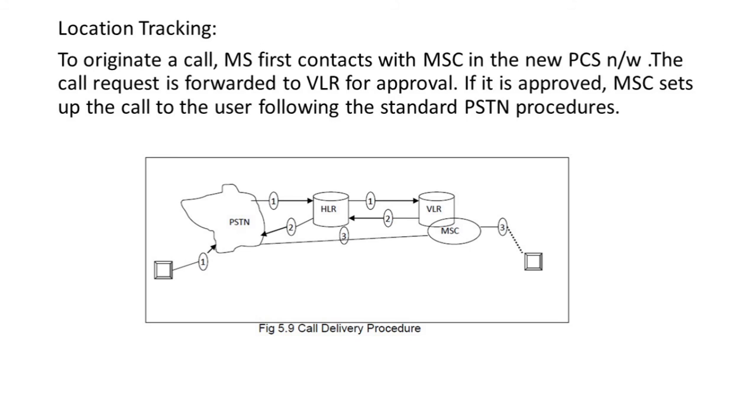So the HLR will query the VLR: where is this mobile station currently? That would be the query result to the HLR, and it will be originating from the PSTN, because the whole BS are being governed by the PSTN. These are the switching telephony networks which govern the mobility of each and every user.